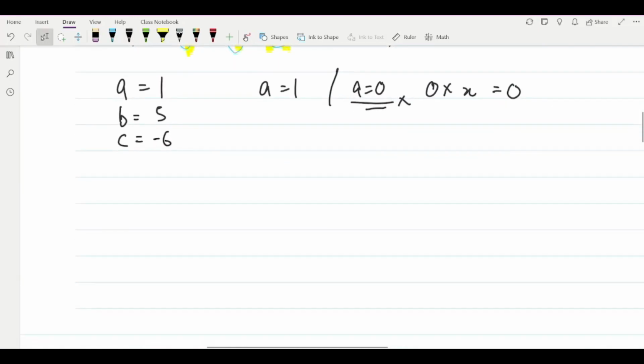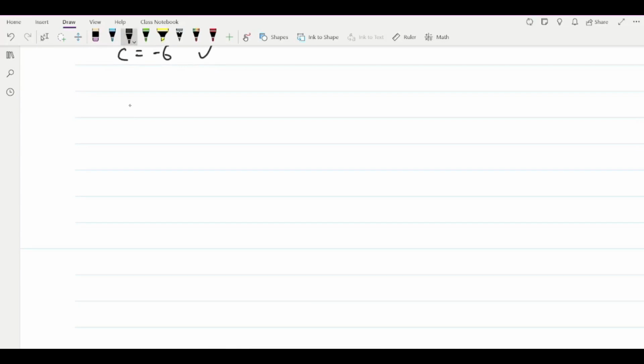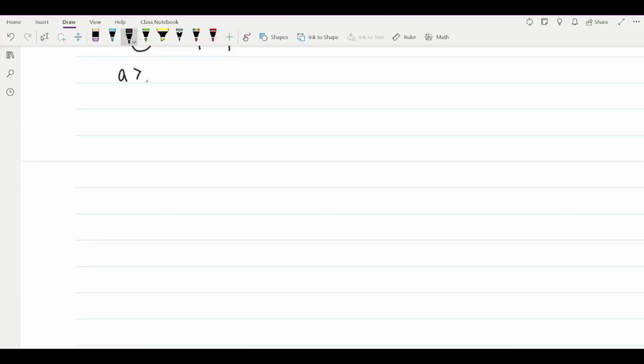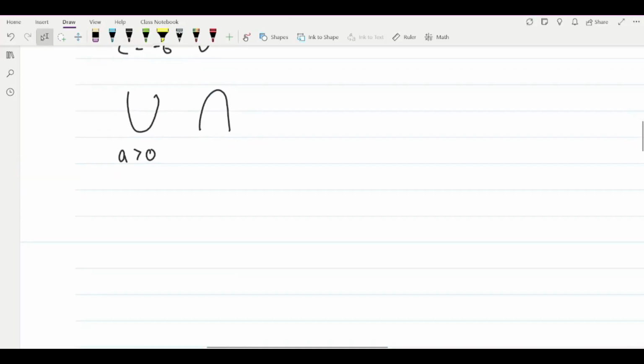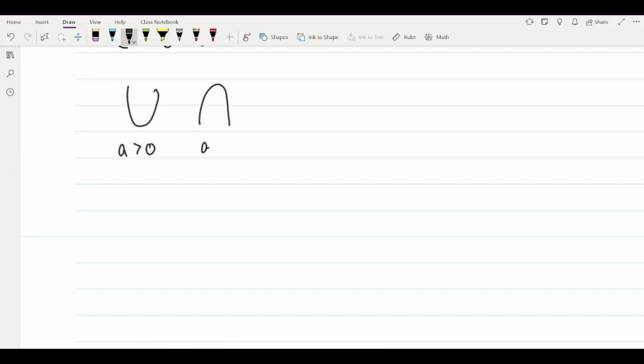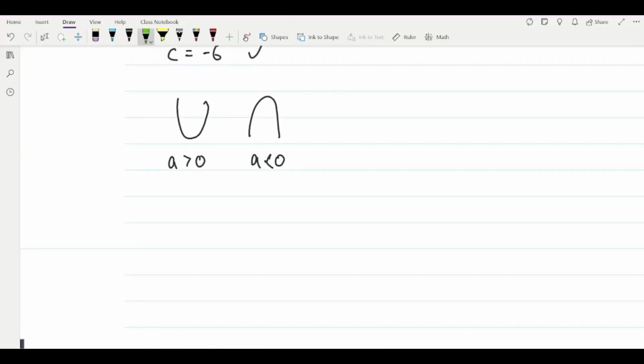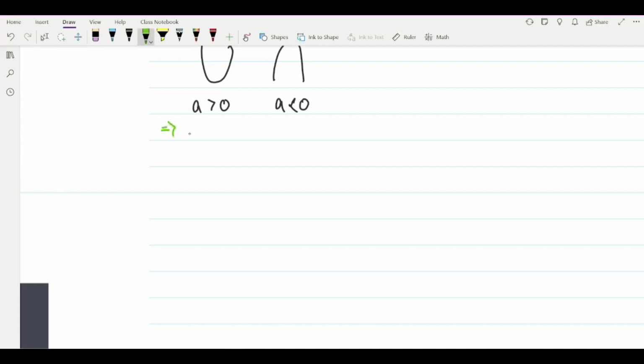So after that, we know the A, B, C value. So let's move on to identify U-shape and N-shape. U-shape will be A bigger than 0, and N-shape will be A smaller than 0. So A bigger than 0 will be positive, right?